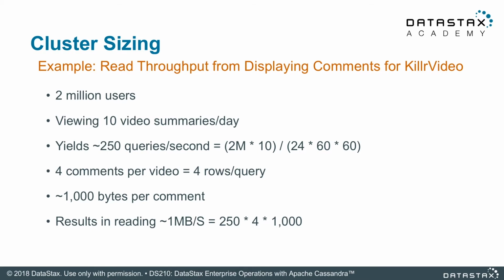More math, ugh. Okay, let's keep going. We have 4 comments per video, which equals 4 rows per query, which is about 1,000 bytes per comment. You end up with reading 1 megabyte per second, which is equal to 250 times 4 times 1,000.